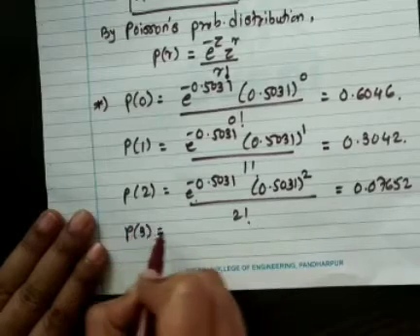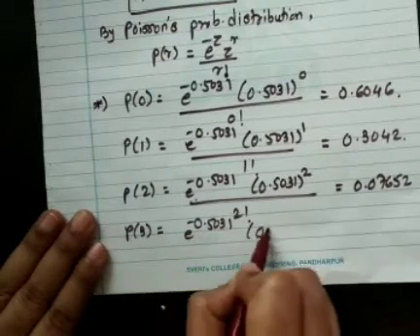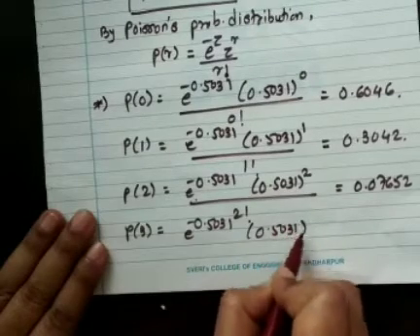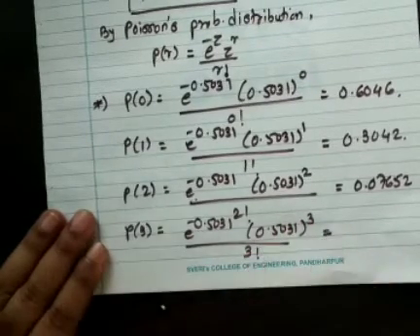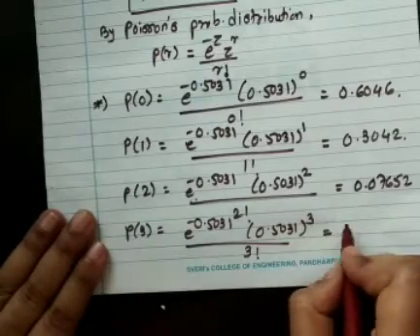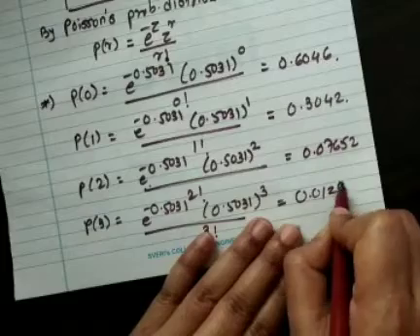Probability of 3 is e raised to minus Z, Z raised to R upon R factorial, that is equal to 0.01283.